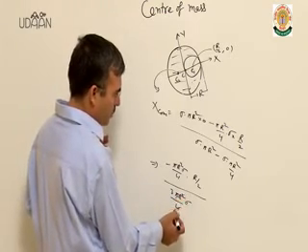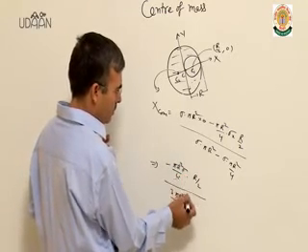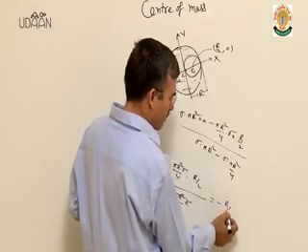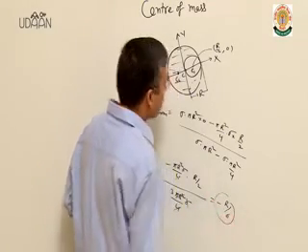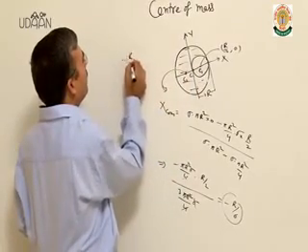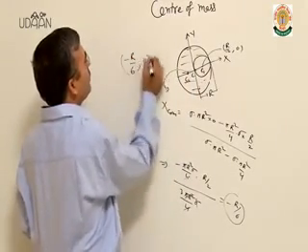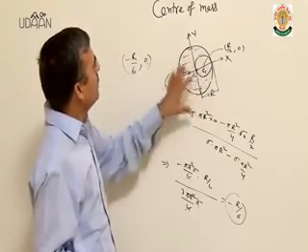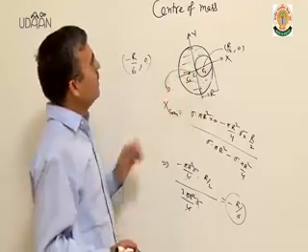So pi r square by 4 cancels, sigma is cancelled. You will find minus r by 6. So the coordinate of this point will be minus r by 6, 0. So it is the position of the center of mass of the residual part. It shifts this side. Clear?